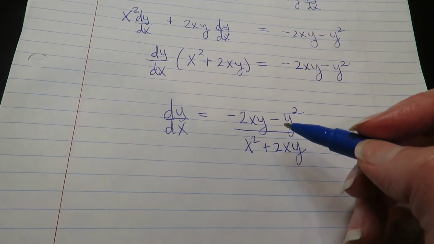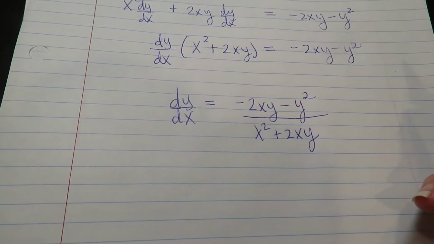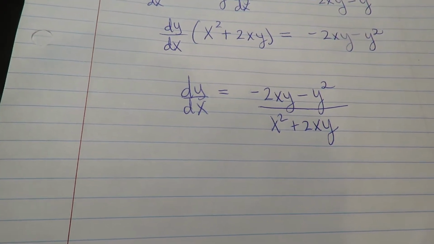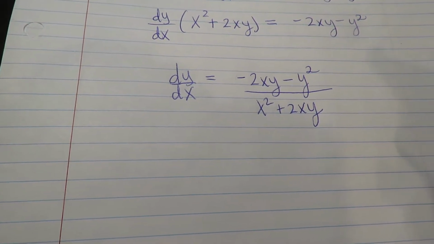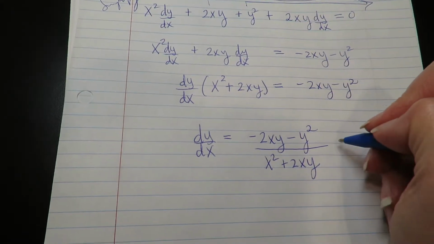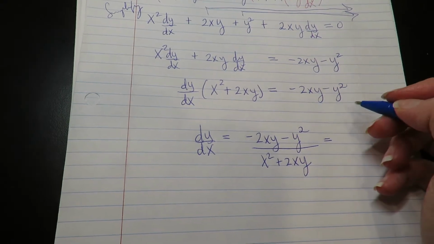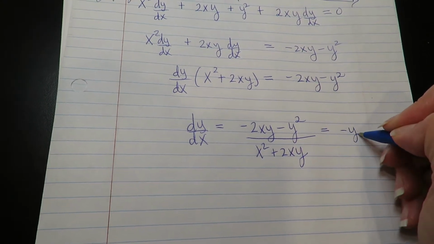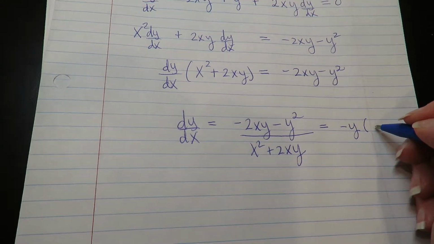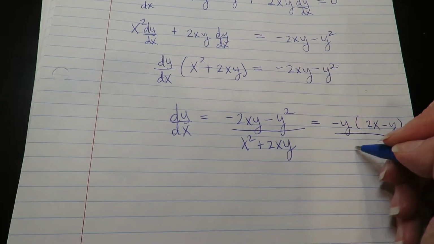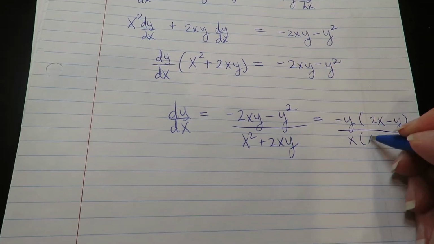It's perfectly correct, but I'm just going to make a suggestion here because we're getting to the end of this chapter and in the next chapter, we're going to start applying these. So it's actually easiest for you if you factor out the negative y in the top, and I would factor out the x in the denominator.